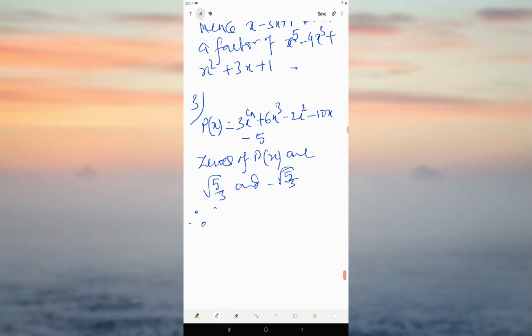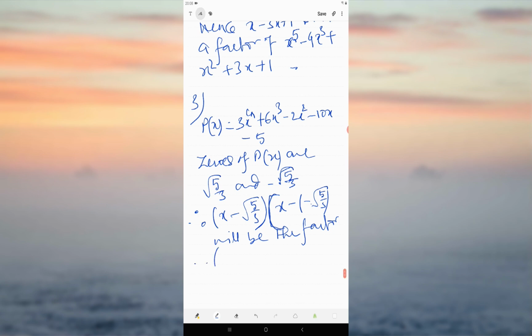Therefore x minus root 5 by 3, because alpha is root 5 by 3, into x minus of minus root 5 by 3, will be the factor, correct?